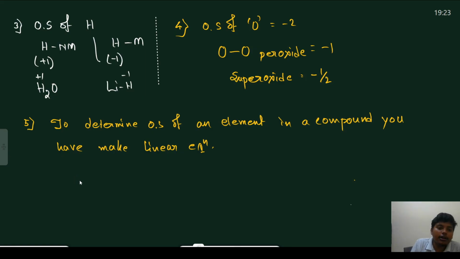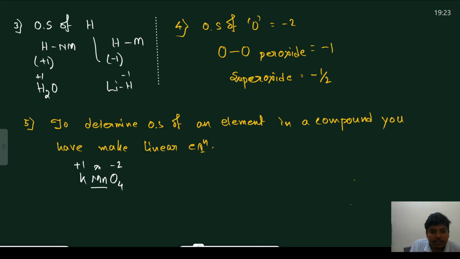Listen, for example, if I want to find the oxidation state of manganese in KMnO4. The oxidation state of potassium here is +1, already told, and oxygen is -2.